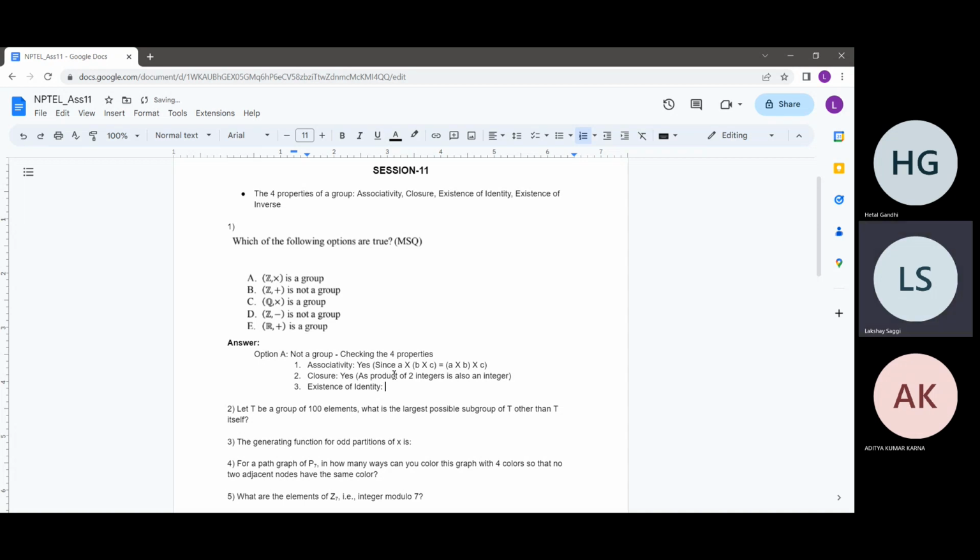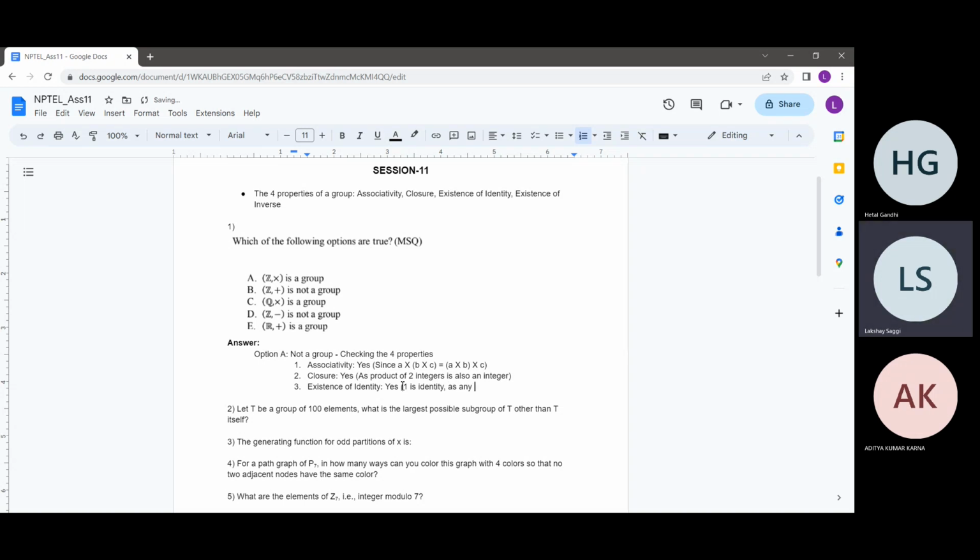Does this Z, multiplication have an identity? Actually, this is also yes, we are right, Aditya. This has an identity. One is the identity. And why is one the identity?